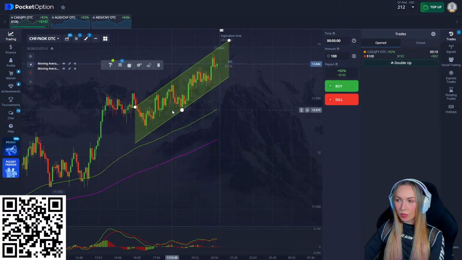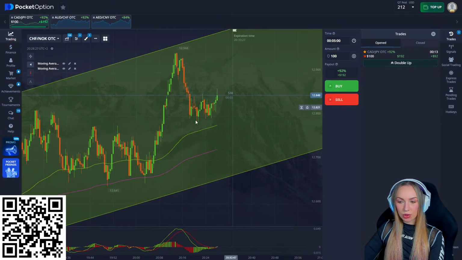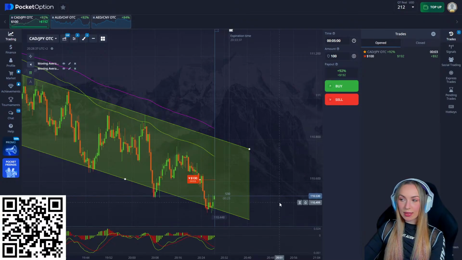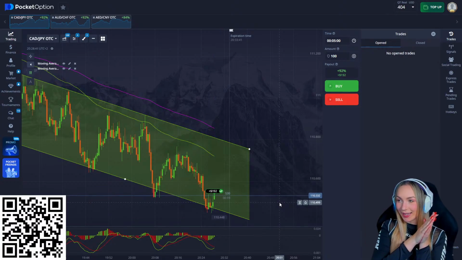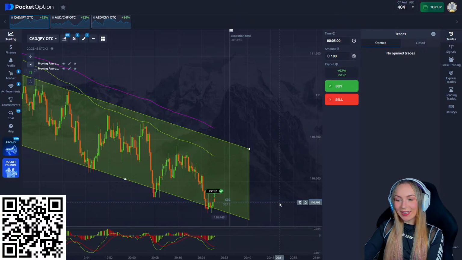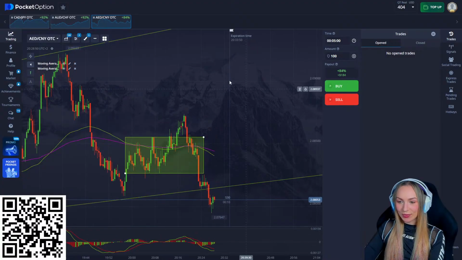There is a signal to open the trade in the upward direction on this one, but to tell the truth, for me it's not a very good signal. Too far from the support line, but here the last 3 seconds, and yay, again $92. That's nice. Let's move on, guys.